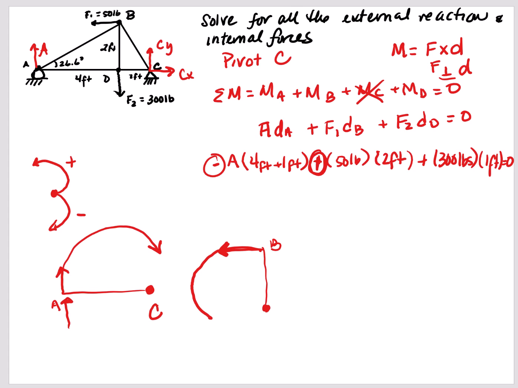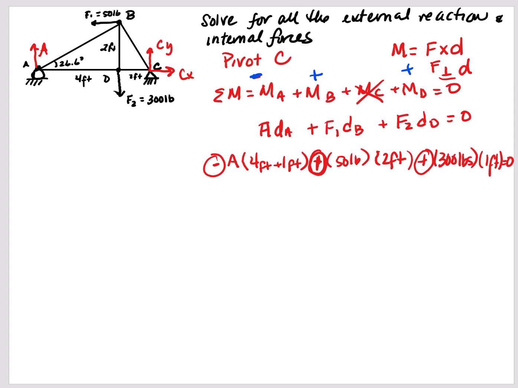And then F2, so I draw my C, F2 is here, located at D. If you notice, force is going down. So if I push it down, this is going to rotate counterclockwise, and this one is also going to be positive. So moment A was negative, and B and D were both positive.